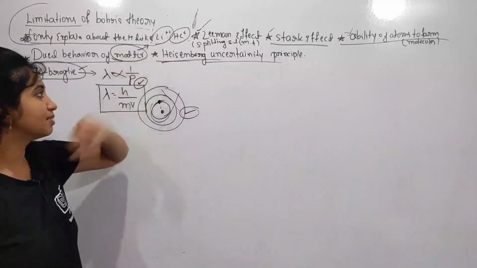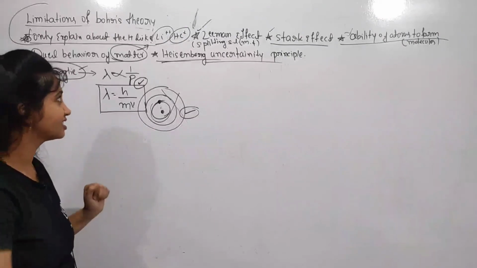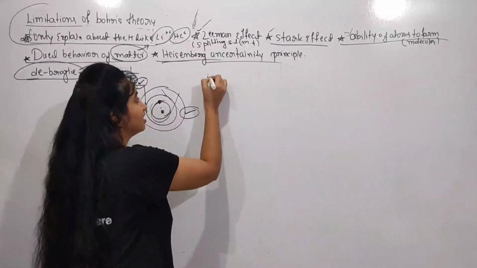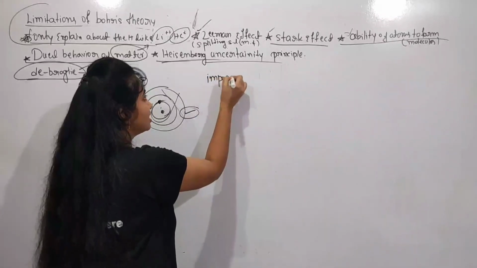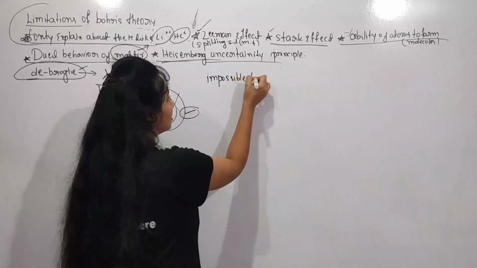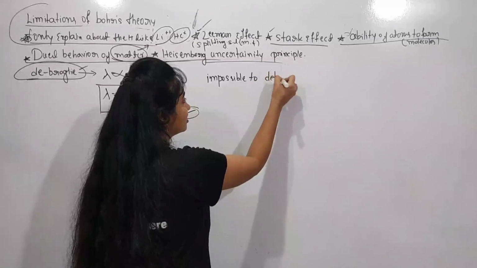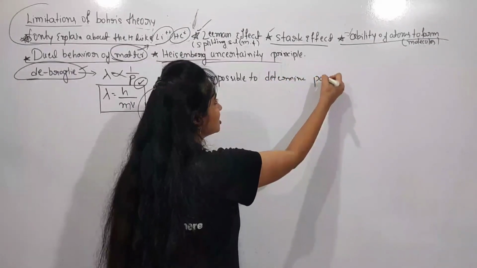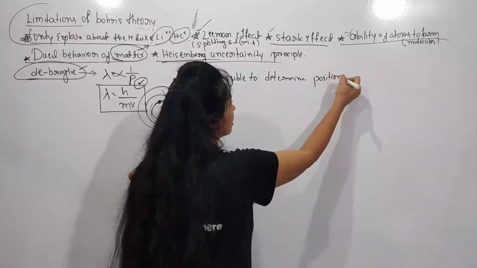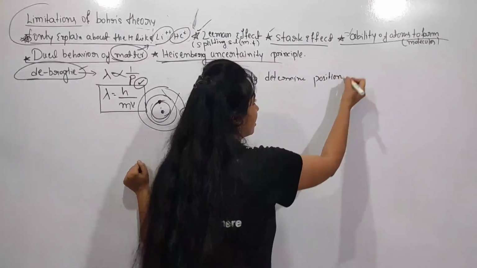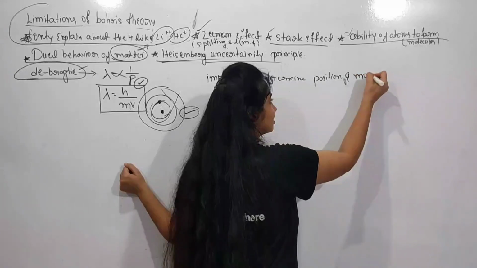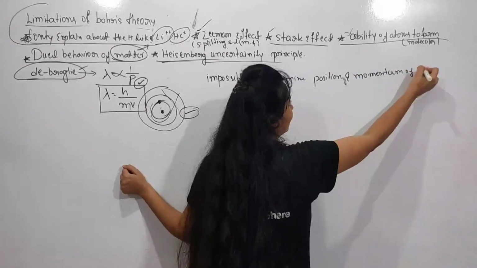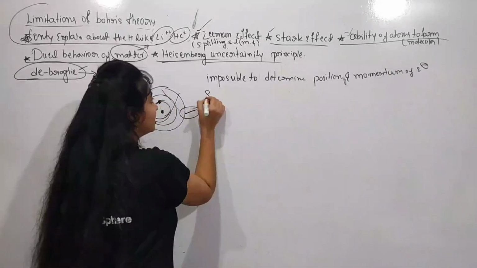So what does the Heisenberg uncertainty principle say? It is impossible to determine the position and momentum of an electron simultaneously.